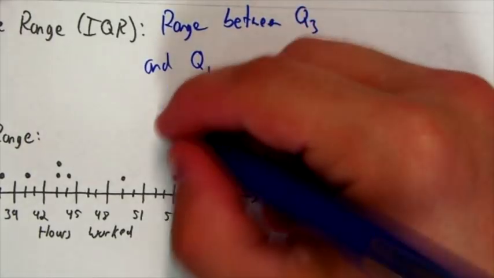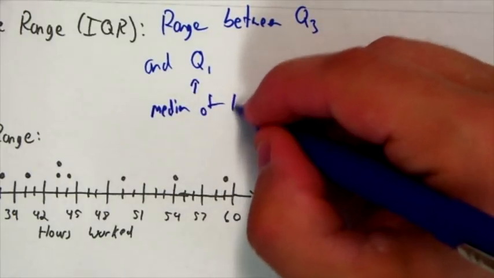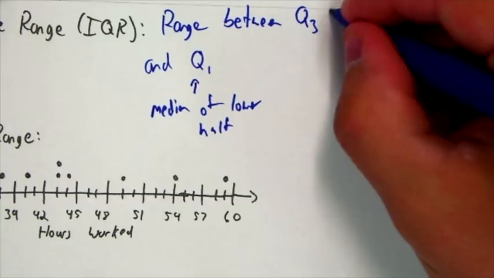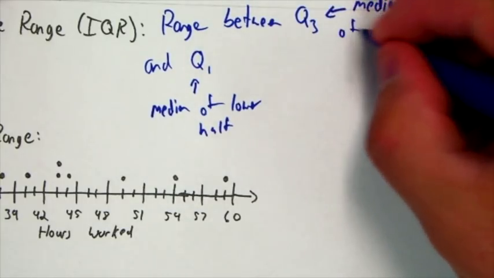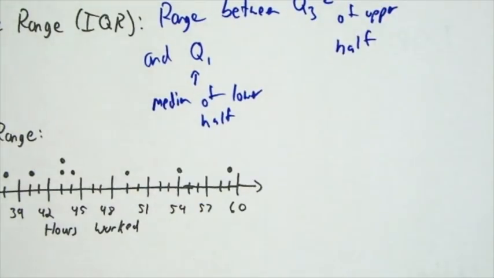Quartile 1 is the median of the lower half, and quartile 3 is the median of the upper half. And I'll show you how to find that, and how to use the interquartile range to find some information that we're going to use later in this lesson.